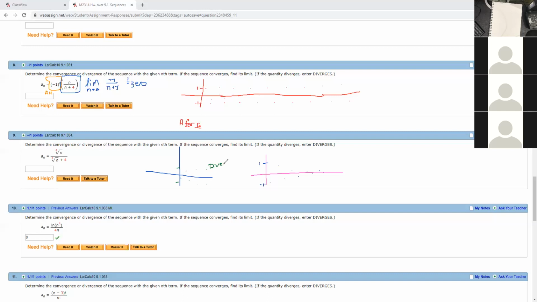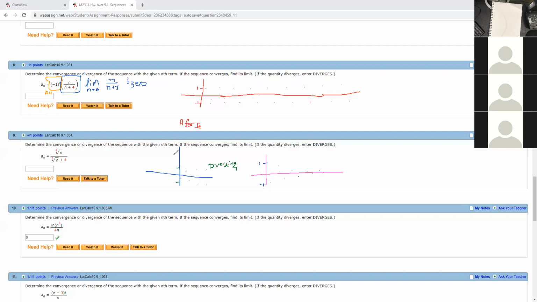Yes. So that's what we're going to find out right now. Is it this kind that's alternating but closer and closer to a single number? Or is it alternating where they're not getting closer to a single number?